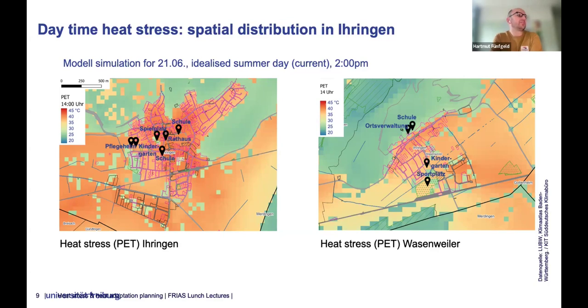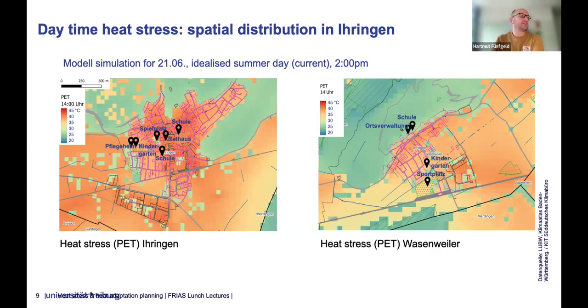They have done model simulations for an idealized summer day, the 21st of June, at 2 p.m. And you can see roughly what the PET, the physiologically equivalent temperature, is like in this municipality. The pink lines are the building footprint, and the black lines are the commercial district. There's also a similar one on the right-hand side for Wasenweiler, which is part of the municipality of Ihringen.